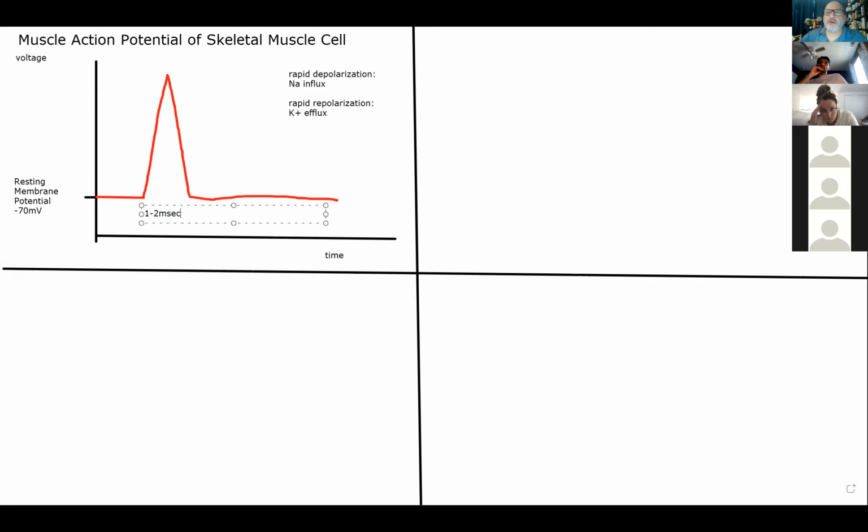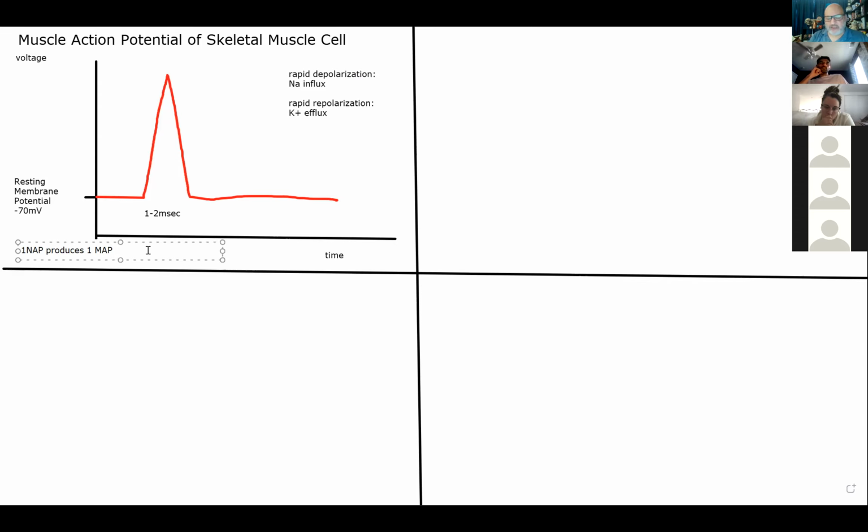And we learned one more thing back in 430. We learned that one neural action potential produces one muscle action potential, and that muscle action potential produced an activation, increase and decrease of tension in that muscle cell.